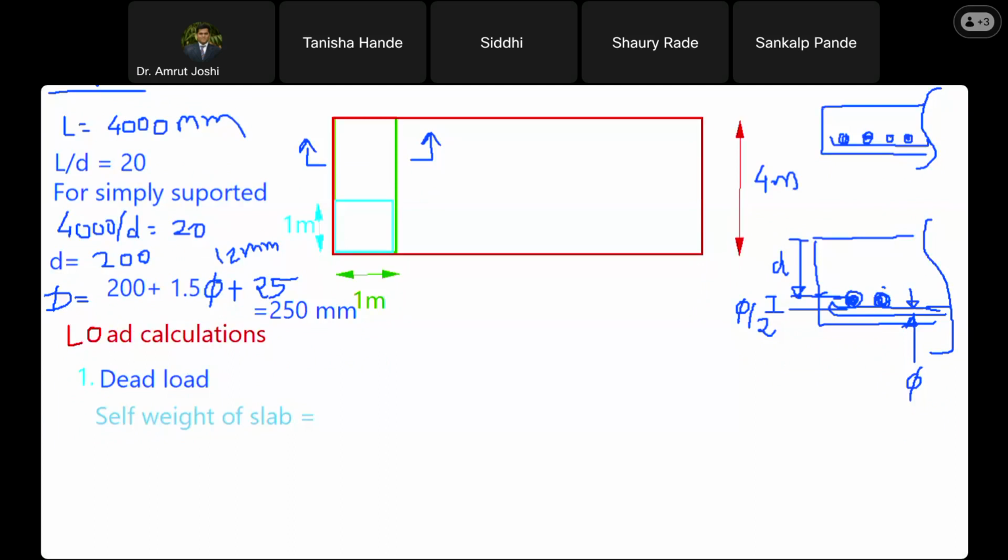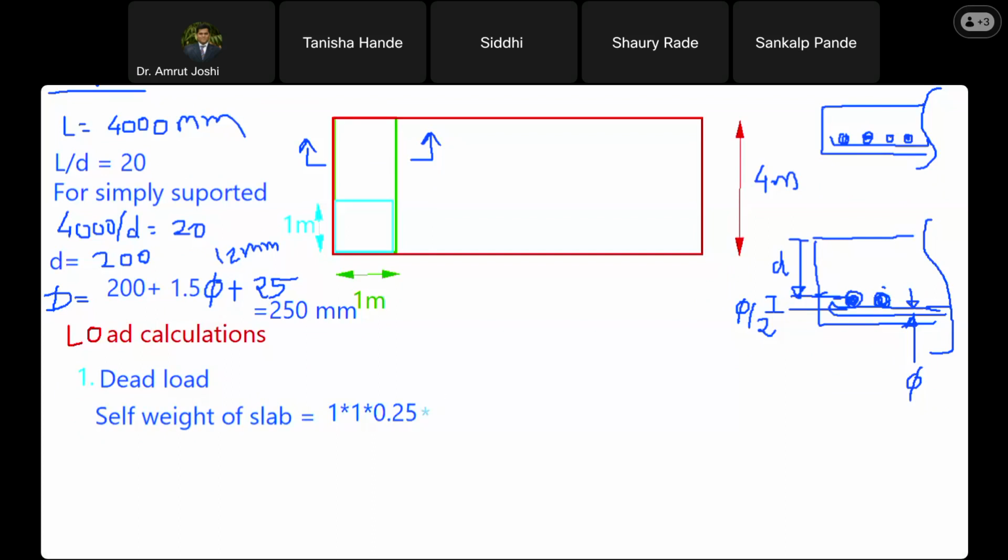It is 1 into 1, do you agree, into thickness of the slab. How much is the thickness of slab? 250 mm. Yes, sir. So I'm going to consider it as 0.25. Happy? Yes, sir. So this is the volume of this 1 meter by 1 meter chunk. Happy?